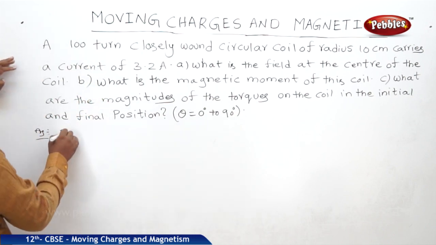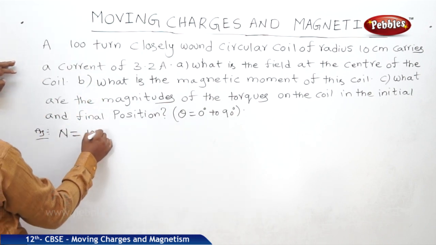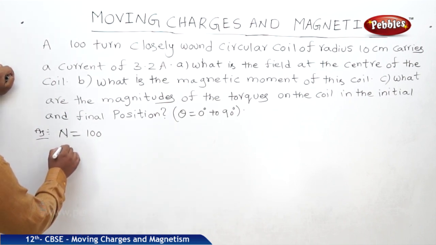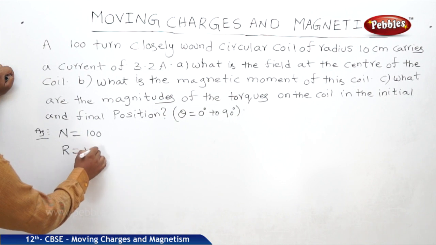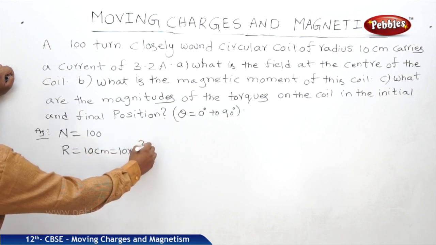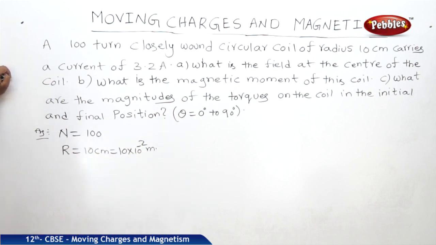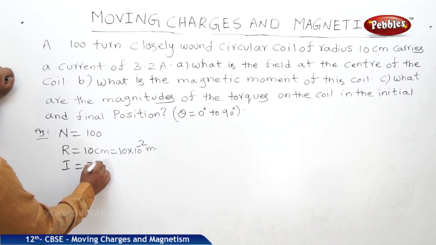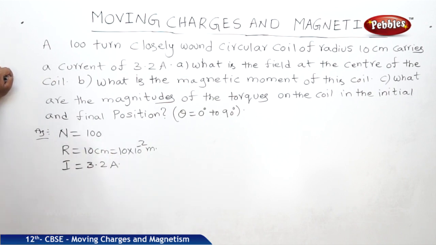Number of turns N is equal to 100. Radius of the coil R is equal to 10 centimeters, we can write it as 10 into 10 to the power of minus 2 meters. Current is 3.2 amperes. What is the field at the center of the coil?